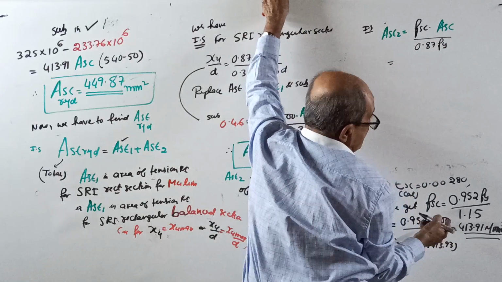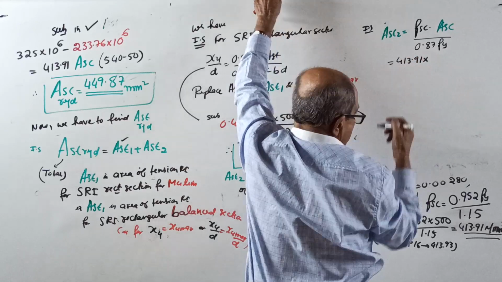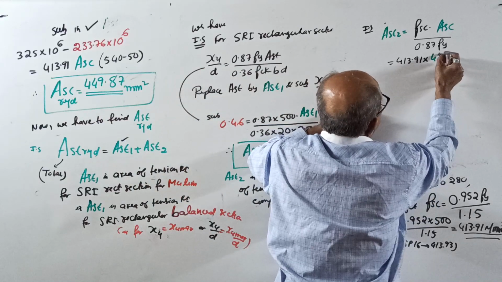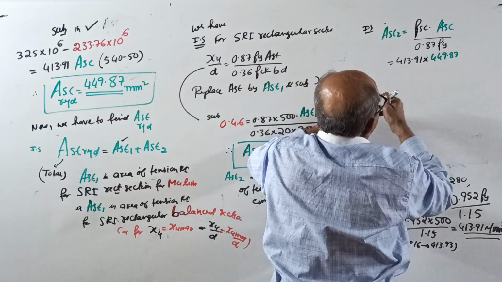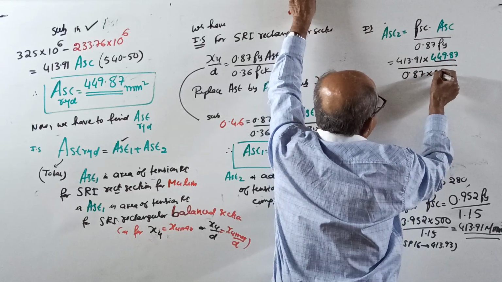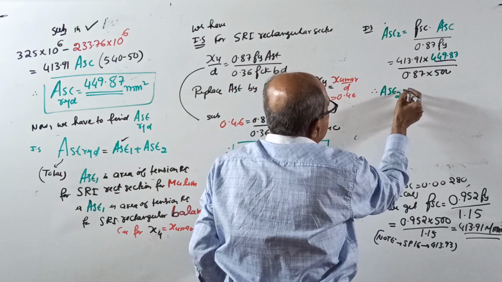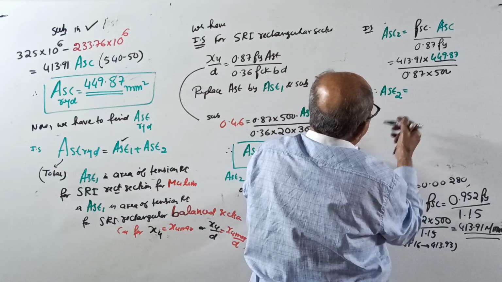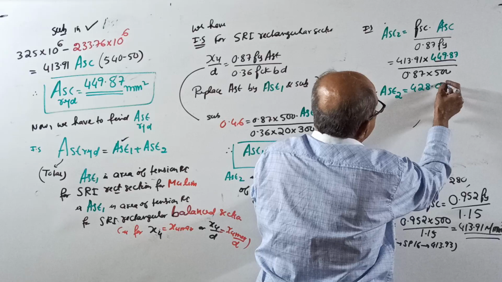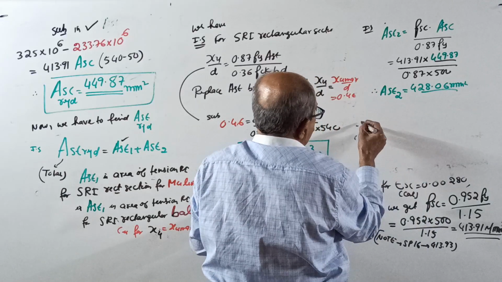That is FSC, 413.91, into ASC, already calculated, 447.87, divided by 0.87 into 500. Therefore your AST2 equals 428.06 mm square. Over.